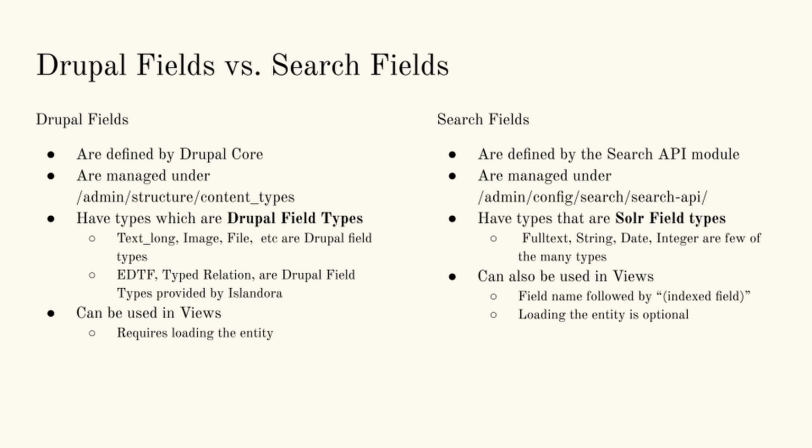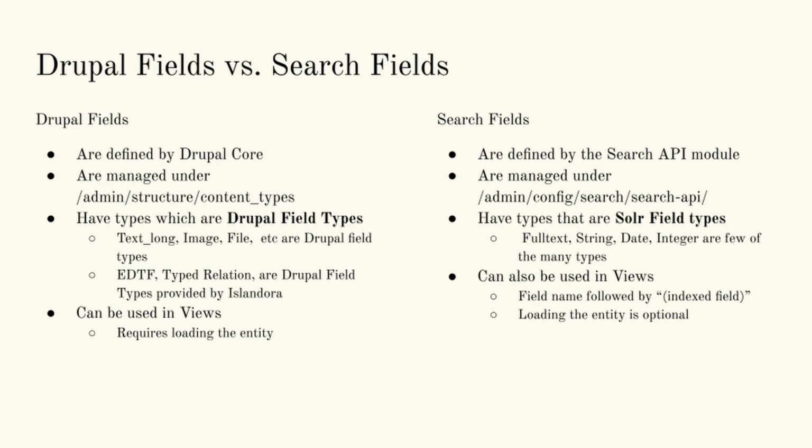You manage them in a different place, at admin config search API. And their types are things like full text, string, date, integer, boolean, and a whole number of like full text n-grams, full text excluding certain things. Those are really like complex and nerdy search ways of dealing with text processing. I'm not going to go into them because I don't know enough about it.